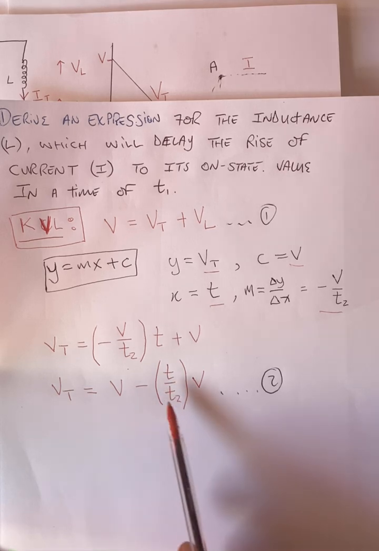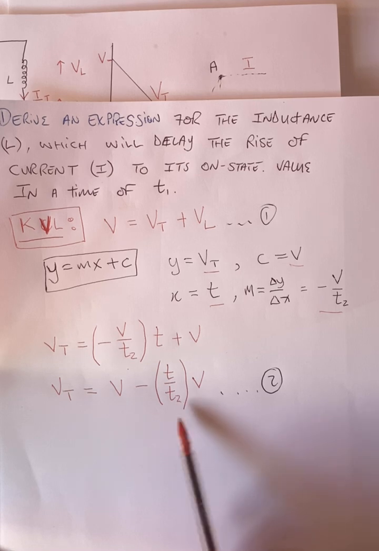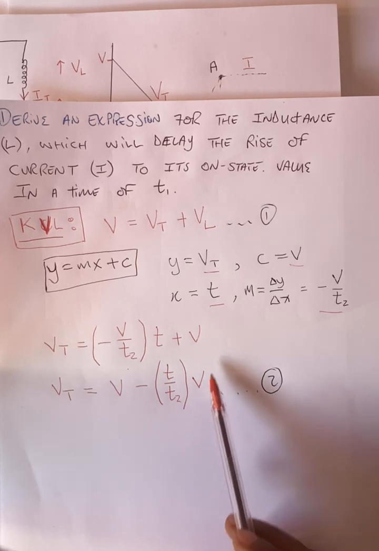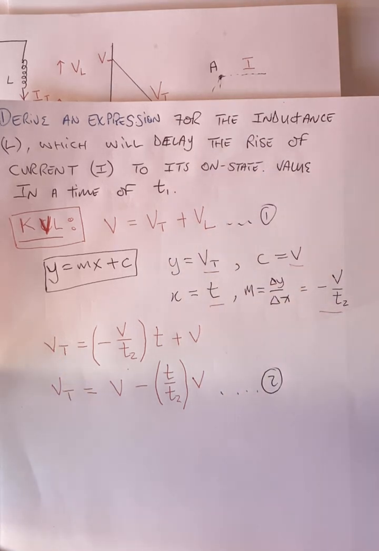Vt is equal to V minus t divided by t2, multiplied by V. Note, the gradient is negative because it's a declining, falling, or decreasing gradient, a negative slope. So we have that sorted.